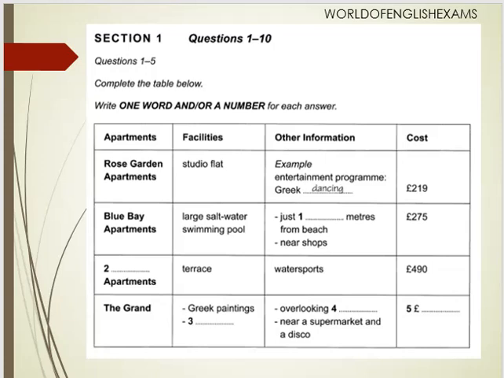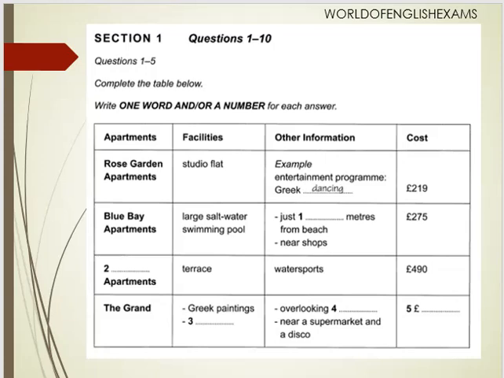The first thing says Rose Garden Apartments, and the facilities say that it's a studio flat. Example is entertainment program, Greek dash, and here it is given as Greek dancing, and the cost is £219. Then the next one which we have to answer is regarding Blue Bay Apartments, which have a large saltwater swimming pool, and in the other information lies the first answer, just dash meters.